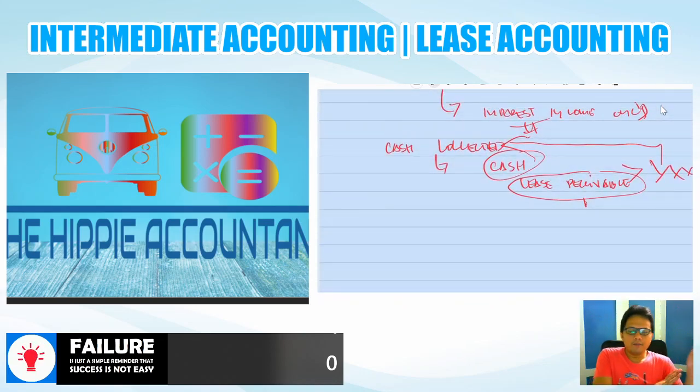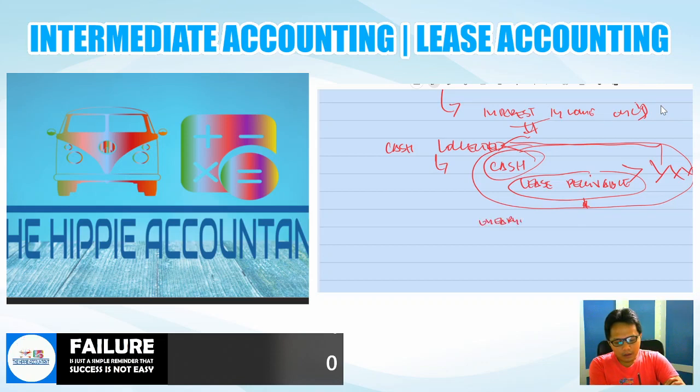So, if we have prepared the effective interest amortization schedule na ngayon, after the collection of the rental payment, the next entry for this is to recognize the interest income, applying the effective interest method amortization schedule. Okay? Now, what is the entry? Debit your unearned interest income, credit your interest income.